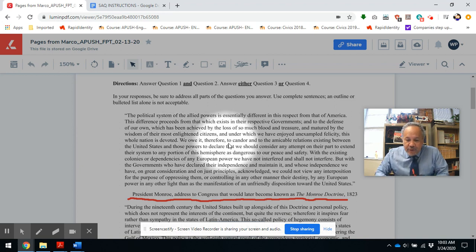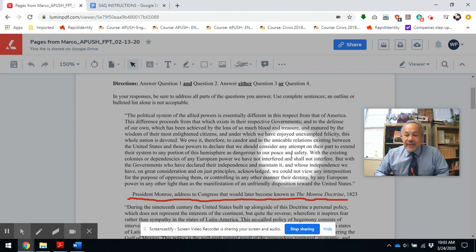We owe it, therefore, to candor and to the amicable relations existing between the United States and those powers. He's talking about the European powers. Declare that we should consider any attempt on their part to extend their system, and he's alluding to how most European nations are still run by monarchies, to any portion of this hemisphere as dangerous to our peace and safety.